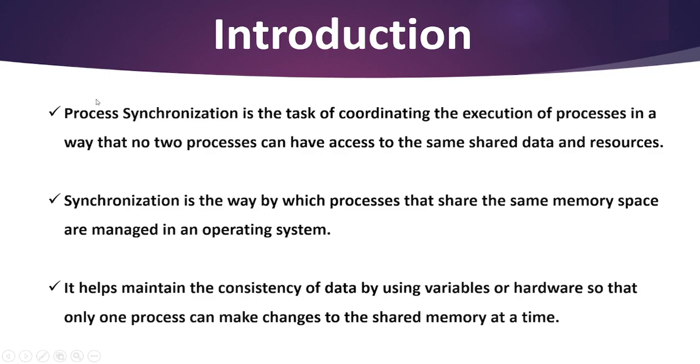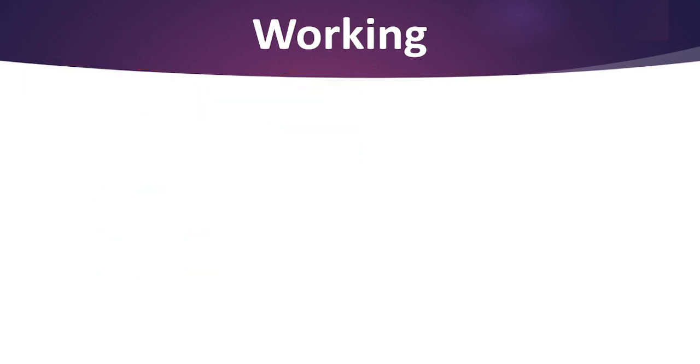Now let's talk about objectives, then we'll move to the working part. The main objective of process synchronization is to ensure that multiple processes access shared resources without interfering with each other, and to prevent the possibility of inconsistent data due to concurrent access.